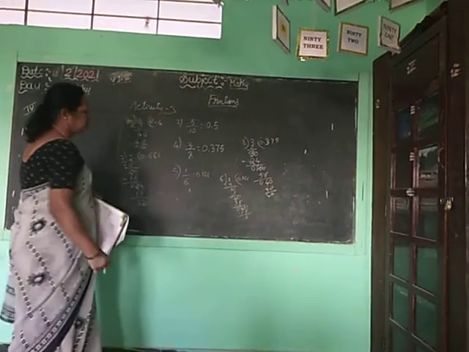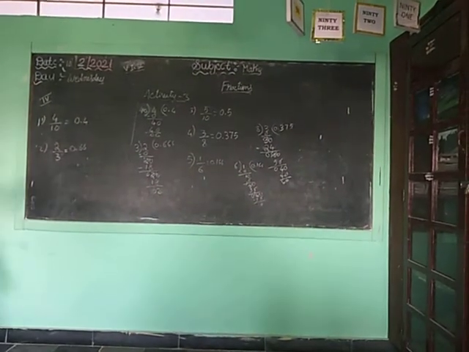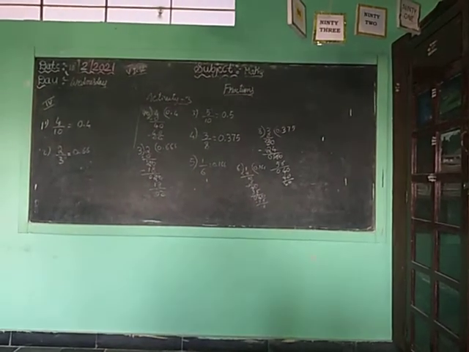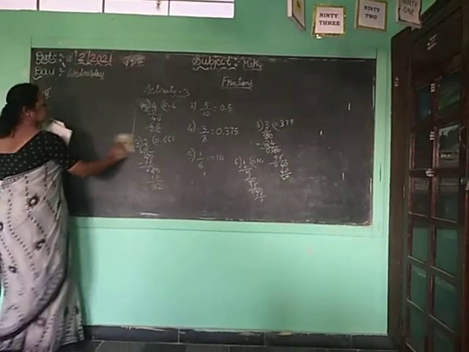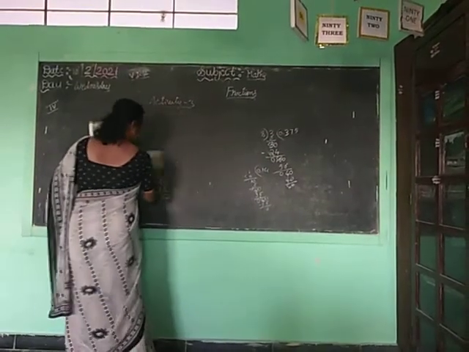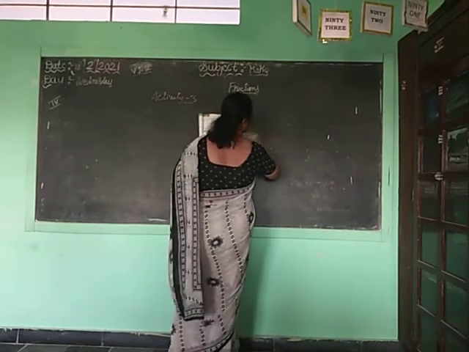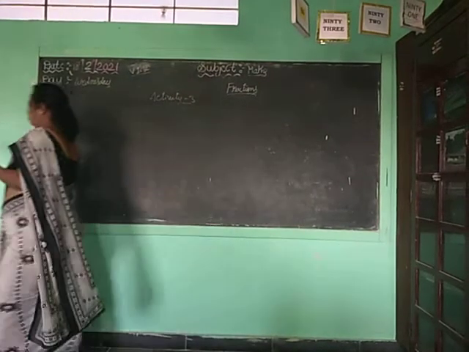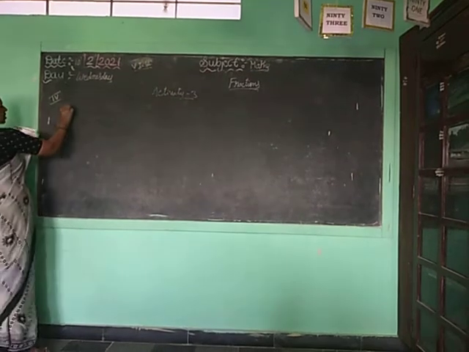Okay children, this is the way of expressing the decimal system. By 6 children.